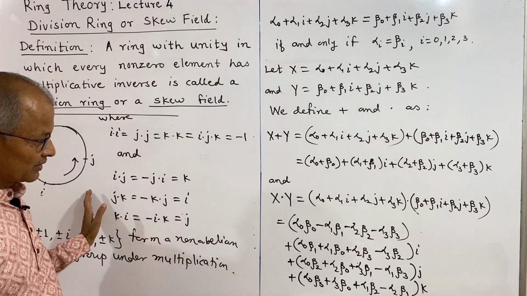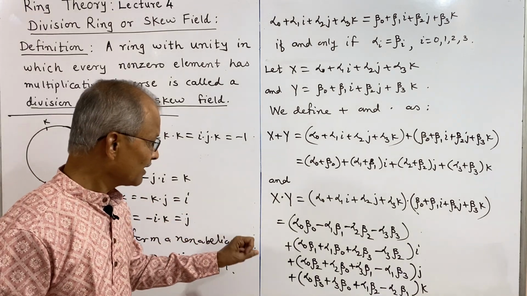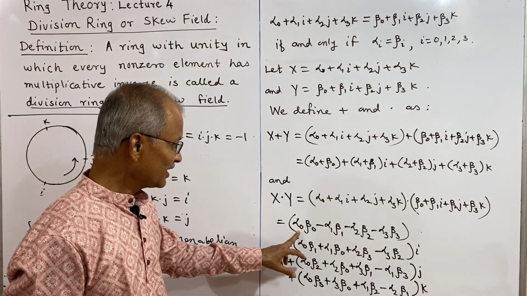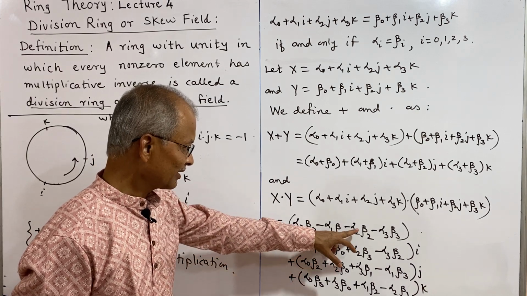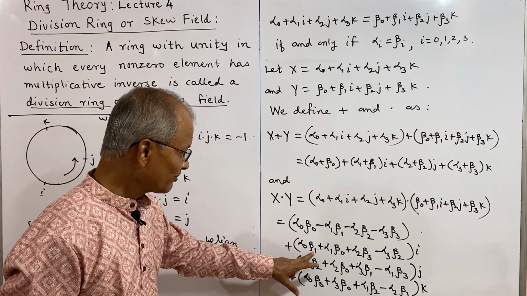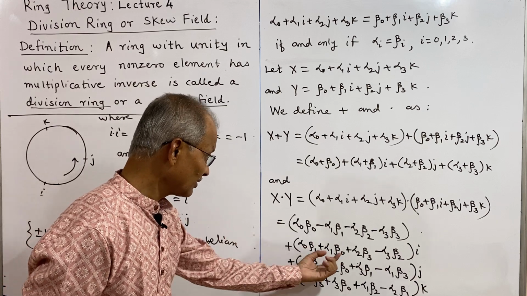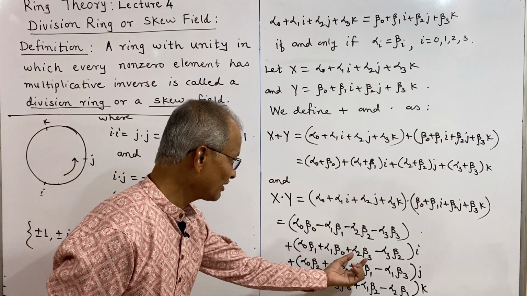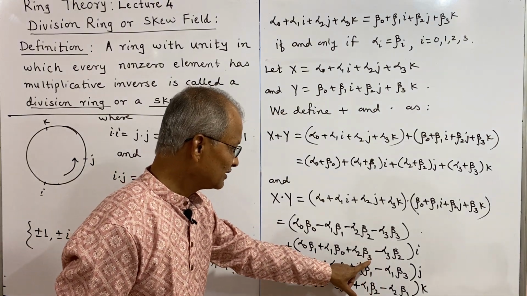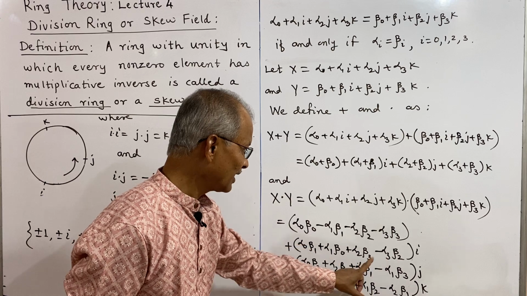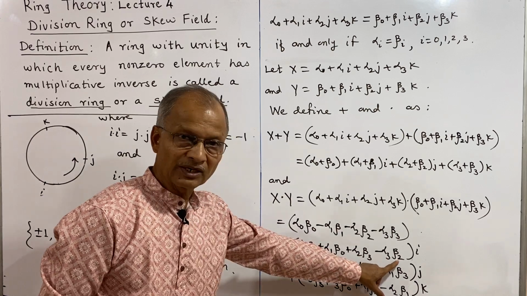So this is the multiplication we have defined with the help of multiplication of these quaternions i, j, k, and our imaginary numbers. Now you may see here, this is the real part, alpha naught beta naught minus alpha 1 beta 1, etc. This is alpha naught beta 1, alpha 1 beta naught, so these are interchanged. Here also these are interchanged, the last is negative. Alpha 2 beta 3, this suffix 3 comes to alpha and suffix 2 comes to beta.